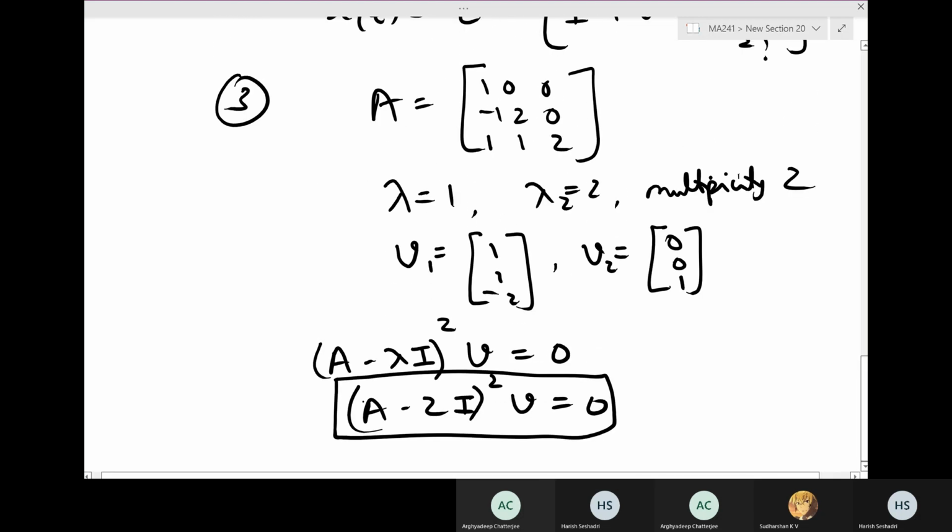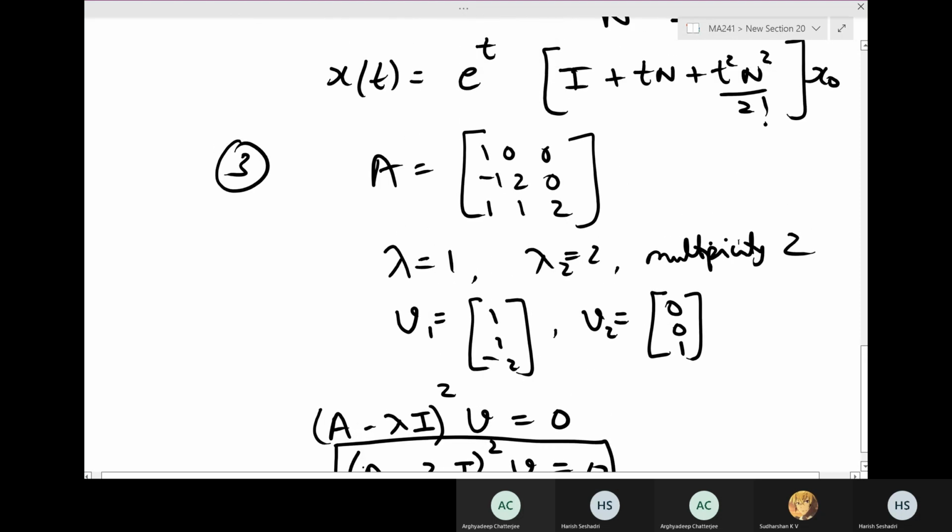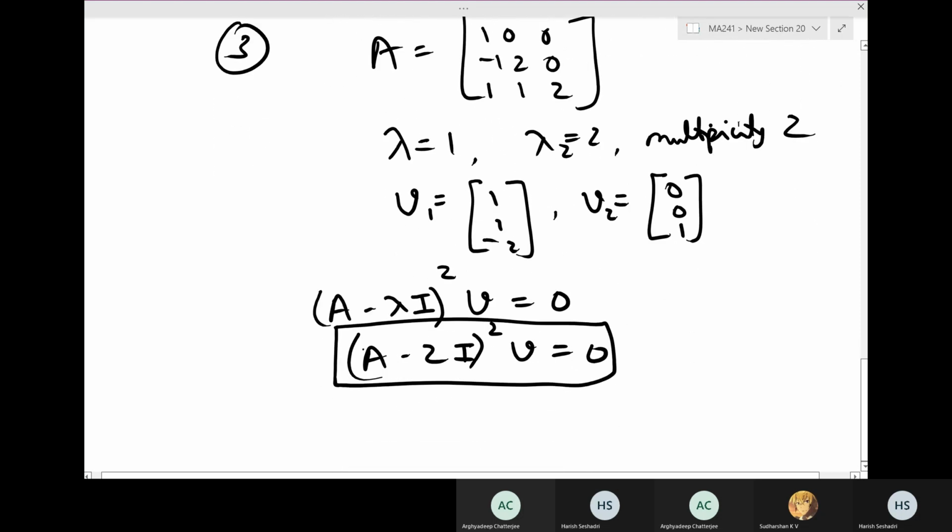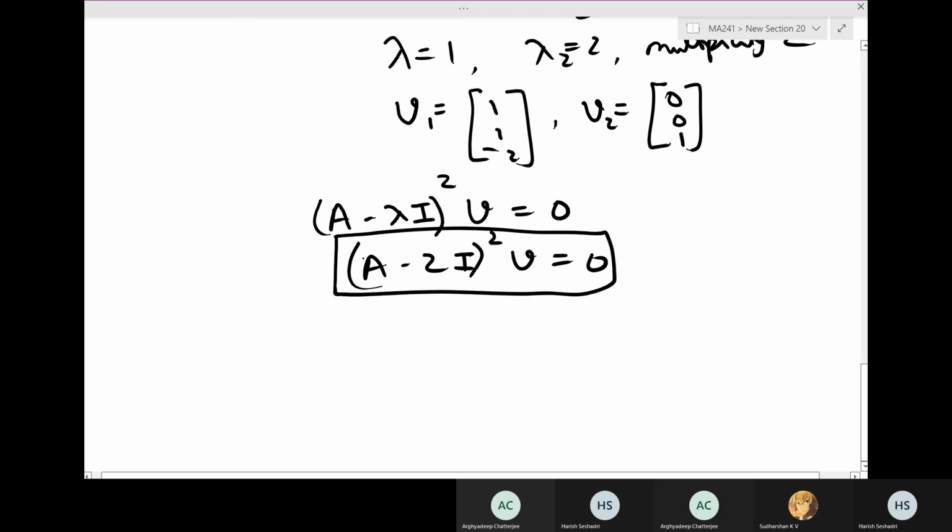What you want is to find a solution to this which is linearly independent from V2. If you play around with this, you can take V3 equals 0 on 0.